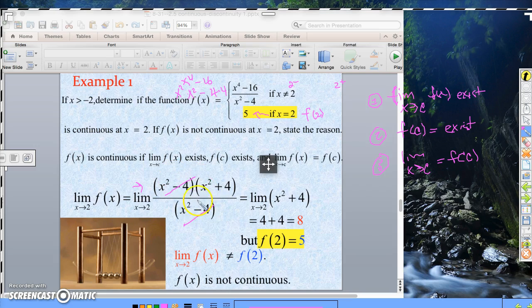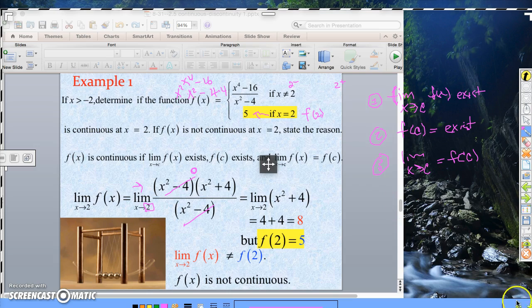So this is called a removable discontinuity because you can reduce it after you simplify. In other words, I'll have a gap somewhere on my graph, particularly around 2. There'll be a little tiny empty space that's considered a removable case.